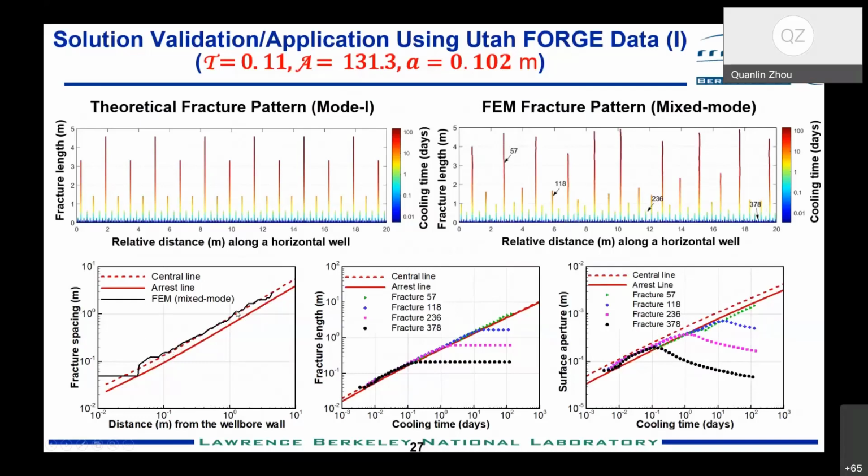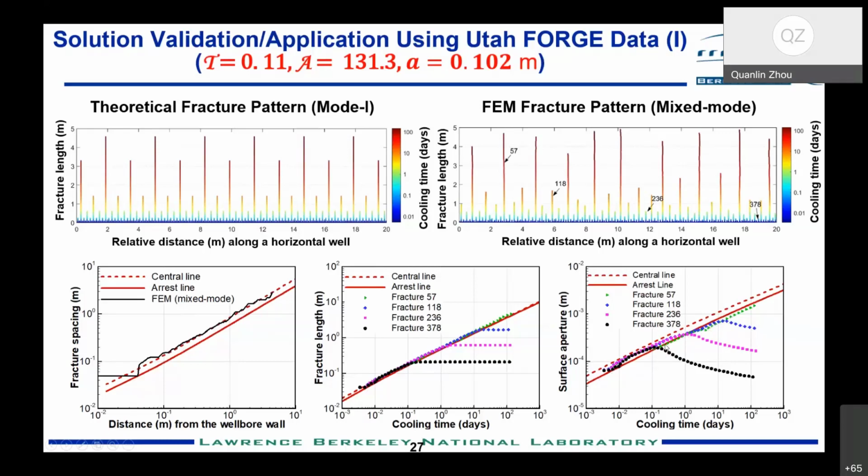This is the average spacing for the FEM solutions, and you can see the center line solution is very close to the FEM solution. And here the fracture length solutions and the surface aperture solutions are very close to that.